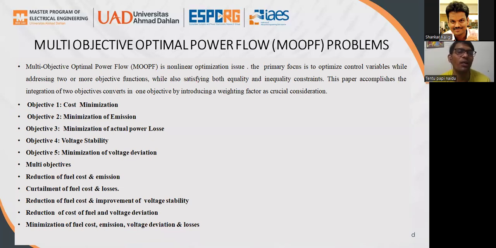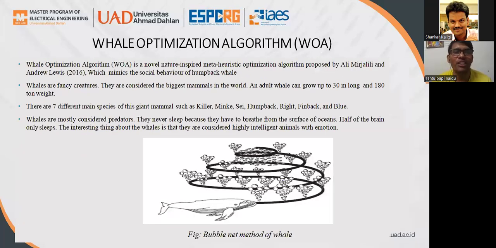And multi-objectives: reduction of fuel cost and fuel cost with losses, fuel cost and improvement of voltage stability, fuel cost and voltage deviation, and minimization of fuel cost, emission, voltage deviation, and losses. My algorithm is the Whale optimization algorithm.